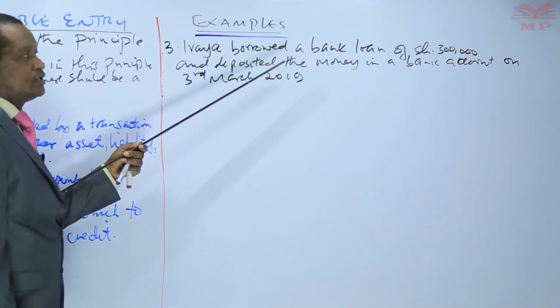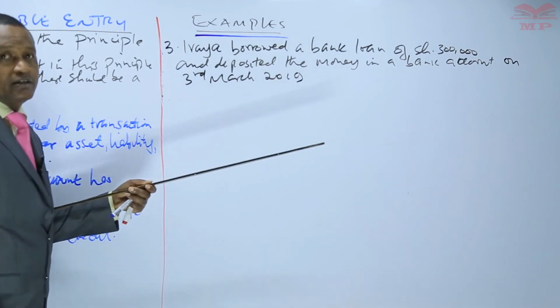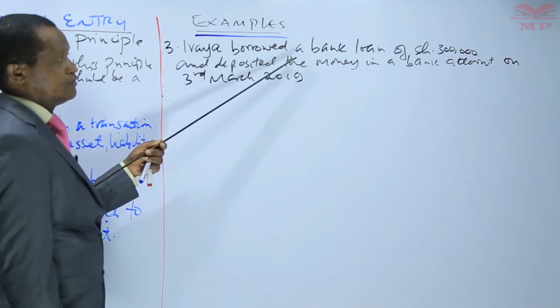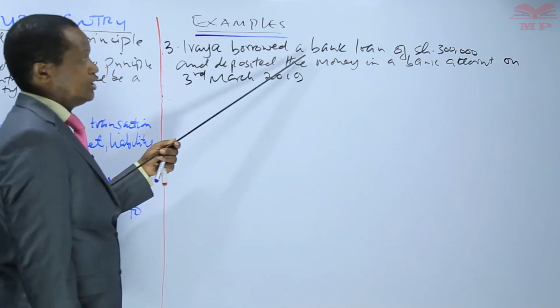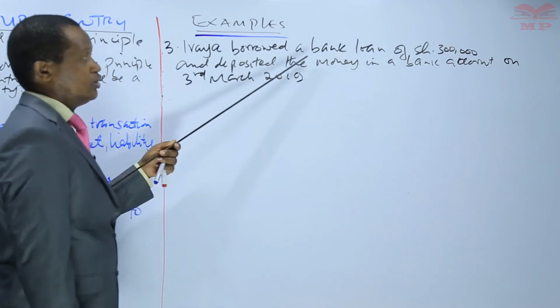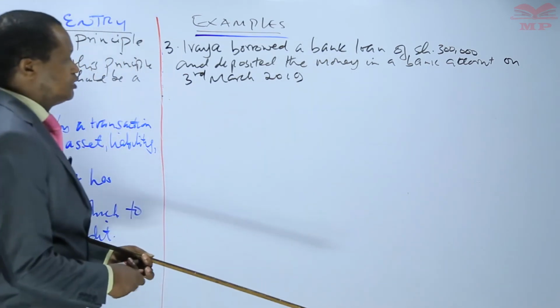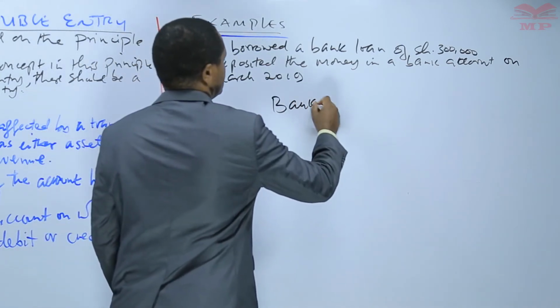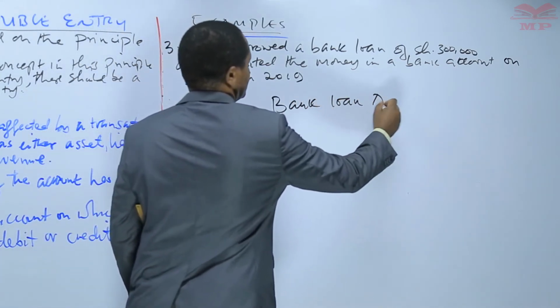Iraya borrowed money from the bank. Okay? So we have a loan. This is a loan account. Number one, we have bank loan account.